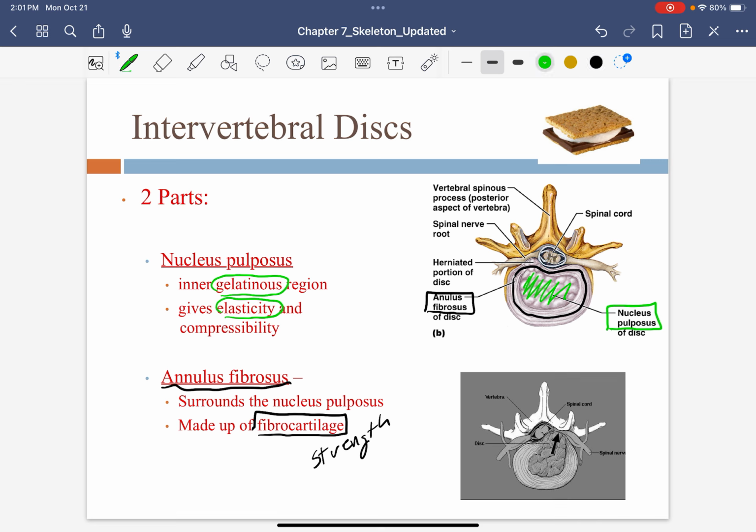And the answer is posterolateral. That's what this arrow is trying to show you. Let me erase it so you can see that black arrow again. Both of these pictures are showing you a herniated disc, and in both cases, they're going in a posterolateral direction. So if there's going to be a herniated disc, which direction is it going to go?